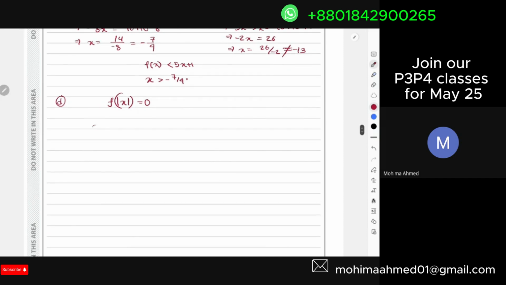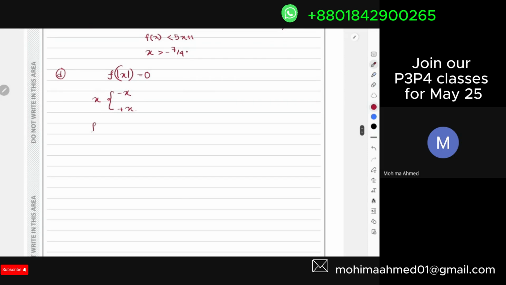So this means the value for your x could be negative x or the value for your x could be positive x. If that's the case, then f of modulus x equals 0 has to be considered as 3 positive x minus 2 minus 10 equals 0, and then again 3 negative x minus 2 minus 10 equals 0, right?